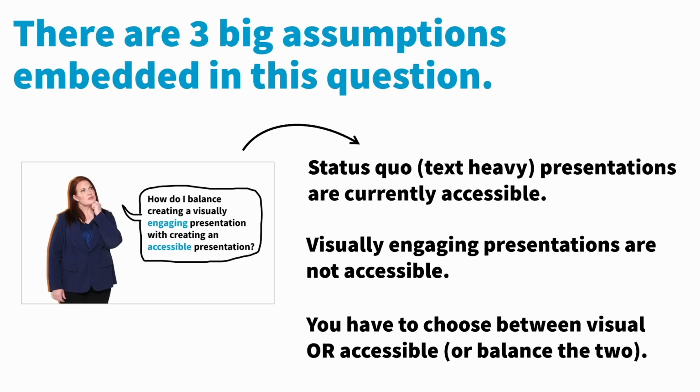So the only way to really question if a visual presentation is accessible is if there's something holding you back, and if there is an assumption that the text-heavy status quo is currently accessible. That's why in this video, we are going to do a deep dive on this first assumption to see if it is actually true.